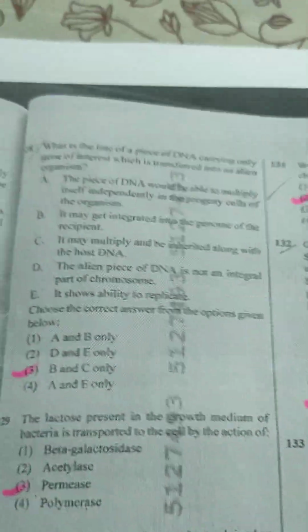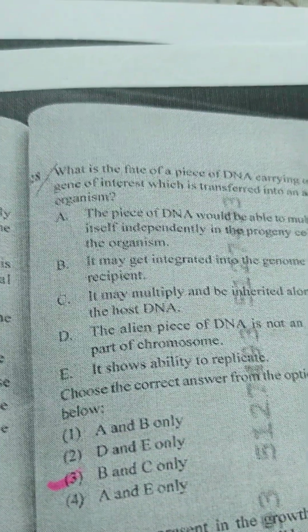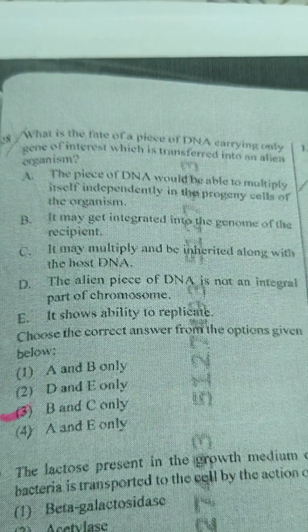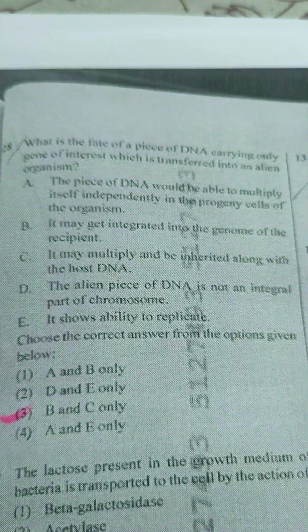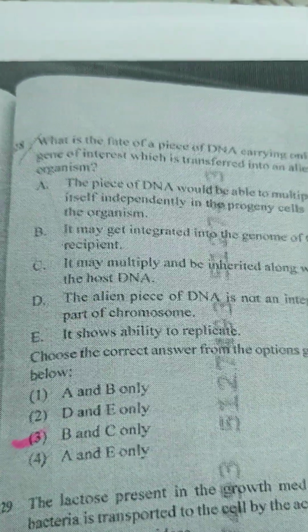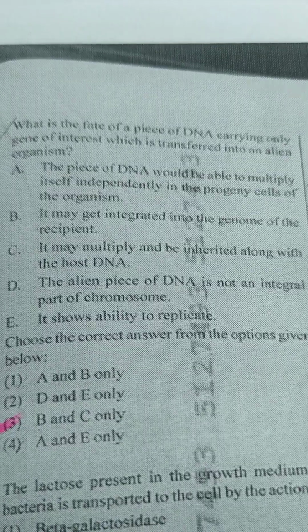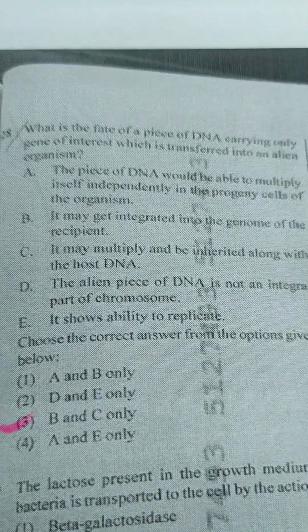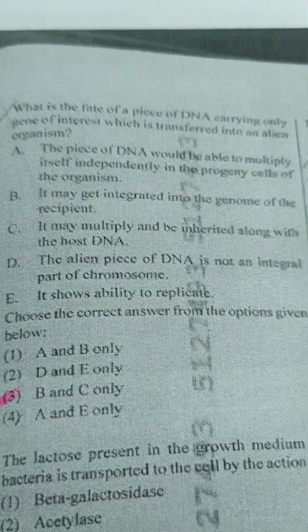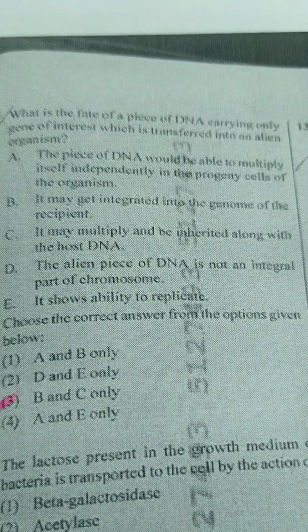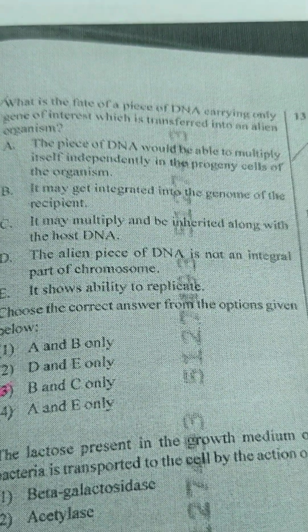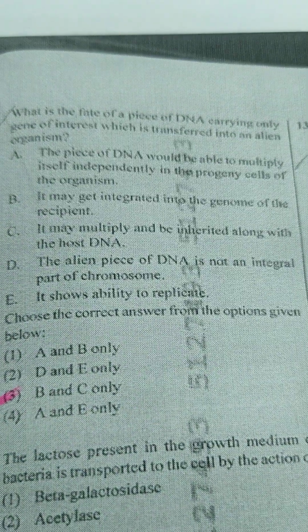Question number 128. What is the fate of the piece of DNA carrying the gene of interest which is transferred into an alien organism? Option A. The piece of DNA would be able to multiply itself independently in the progeny cells of the organism.